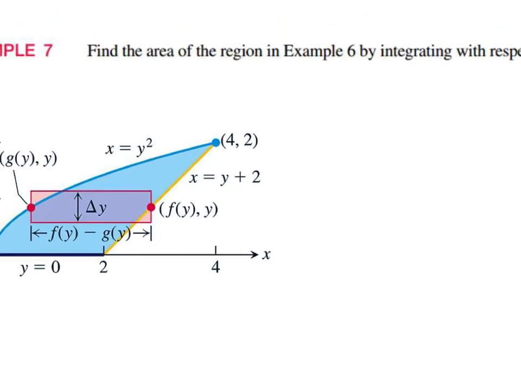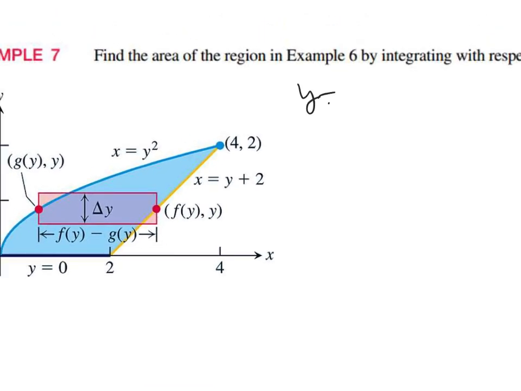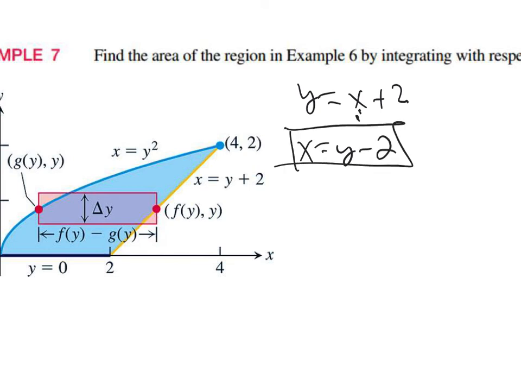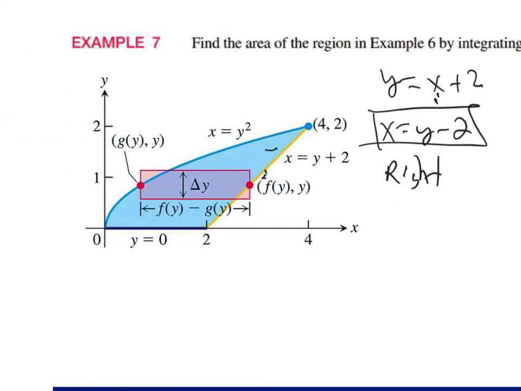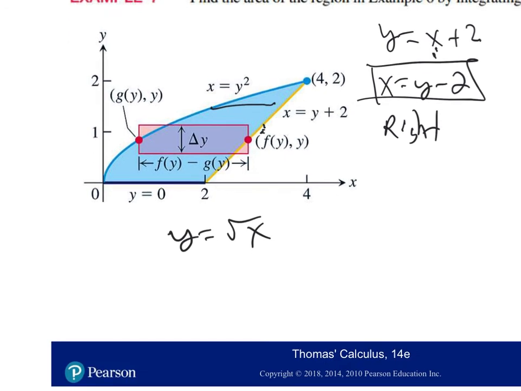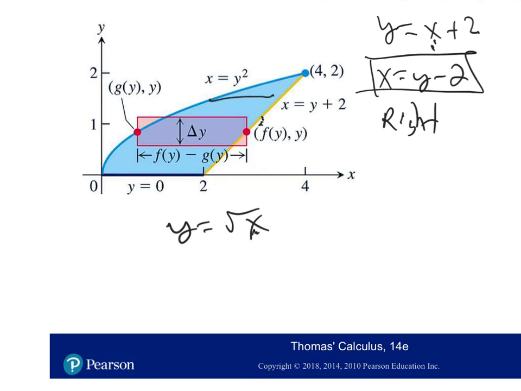See, if y equals x plus 2, I've got to solve that function for x. So x equals y minus 2. So there is my right function. That's the one on the right. The one on the left, if y equals the square root of x, then I square both sides to get x equals y squared.